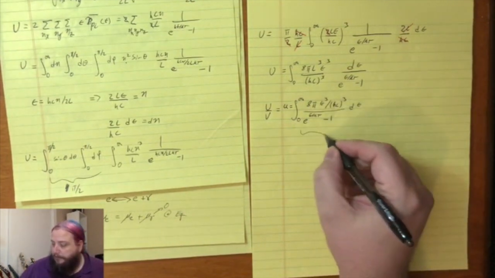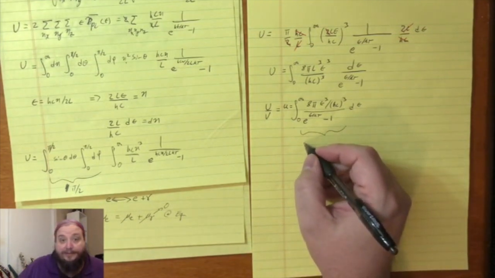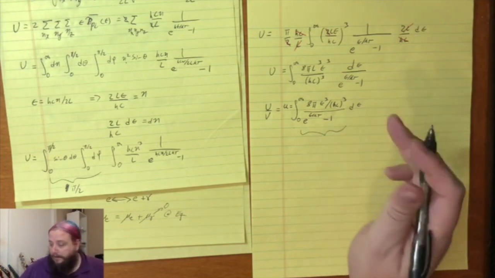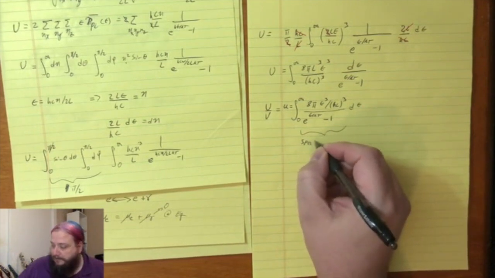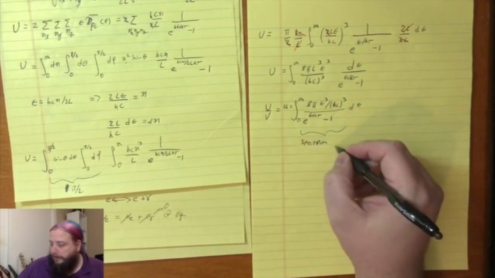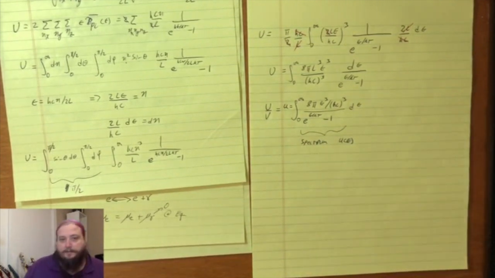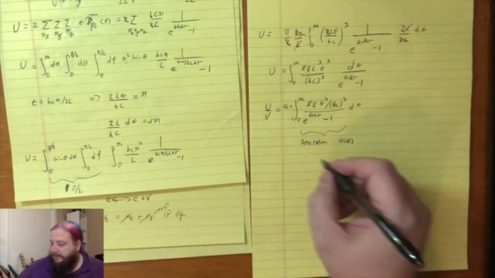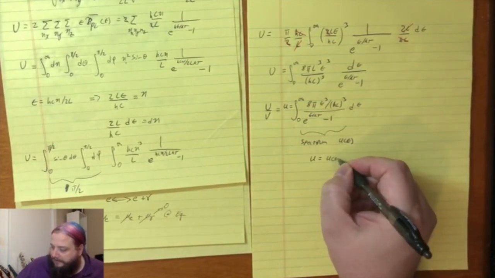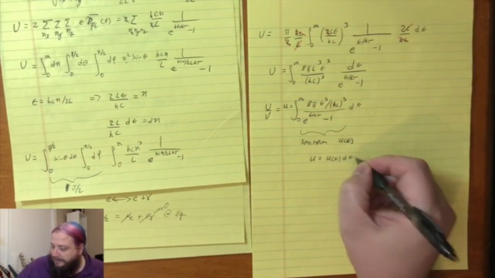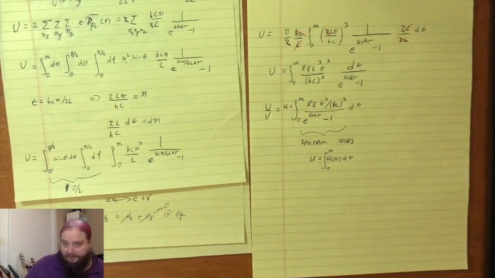Or in other words, we could call this quantity the energy specific energy density, the spectrum essentially. Energy density as a function of E, such that the total energy density is this energy density as a function of E times dE integrated over all energies.